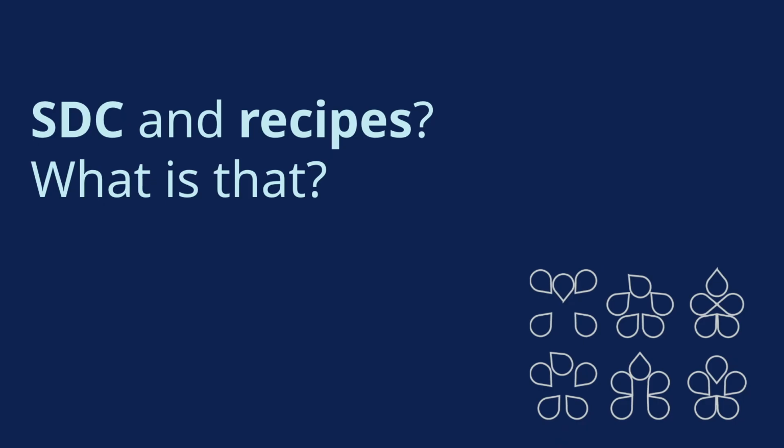And a recipe can be a lot of things, but at its most basic level, it is a set of configuration separate from a module that can be used in other projects.